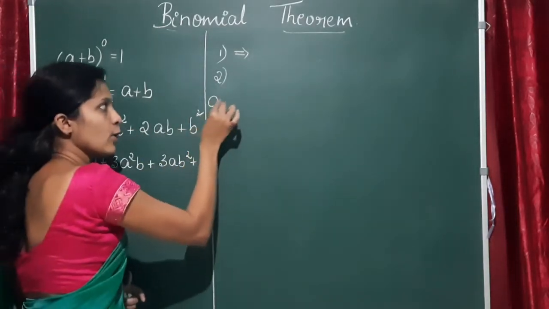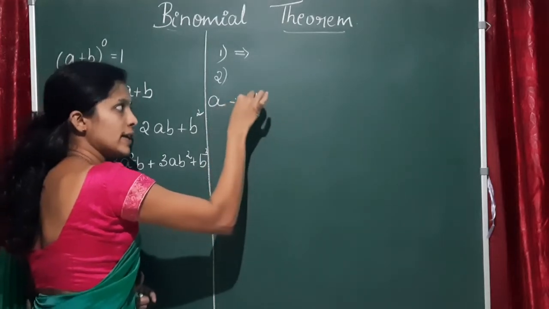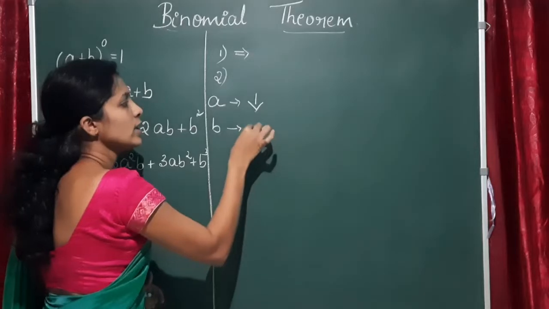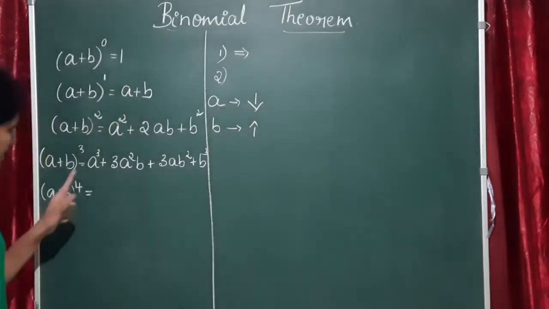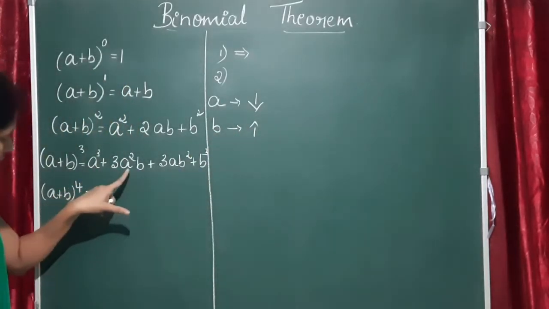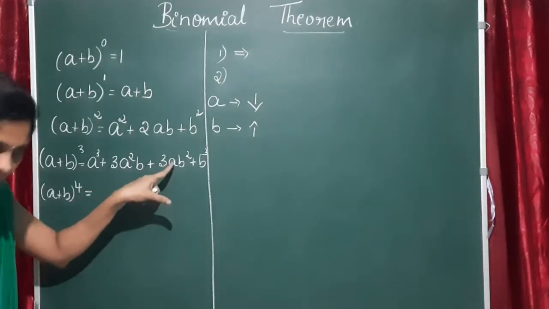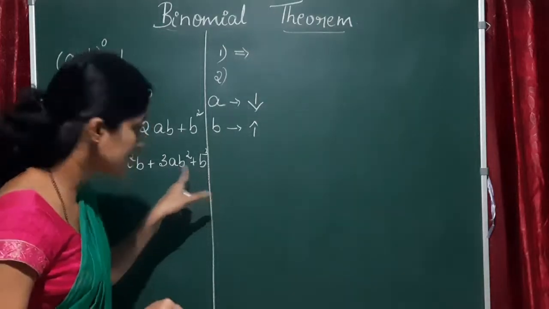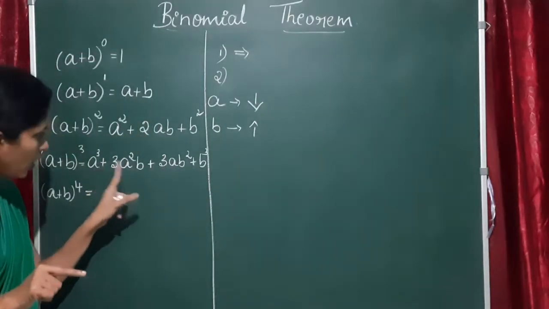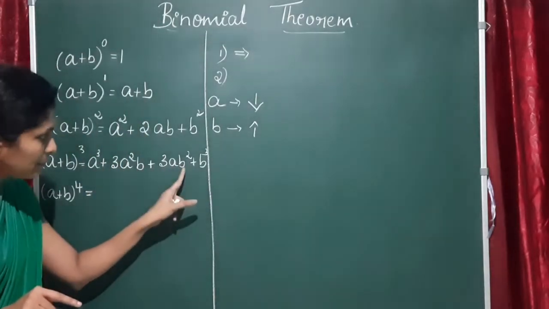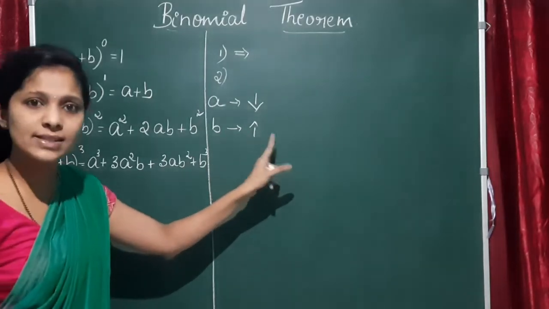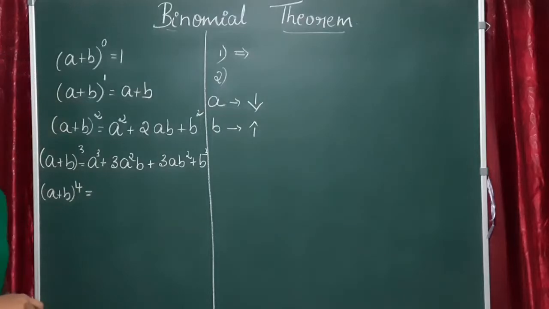That means the power of a goes on decreasing and the power of b goes on increasing. See here, a cube, then a square, a to the power 1, a to the power 0. Power of a is decreased. Power of b is b to the power 0, b to the power 1, b to the power 2 and b to the power 3, which means power of b is increased. So this is the second observation.